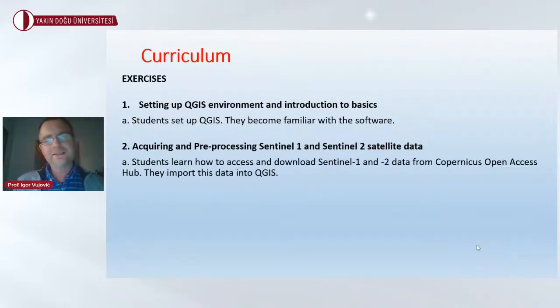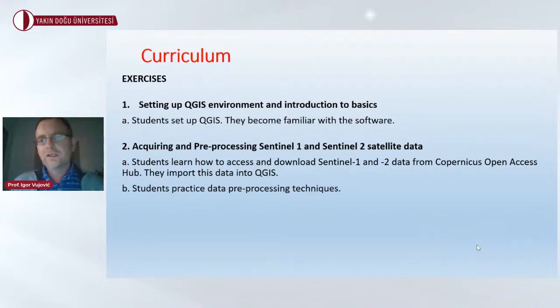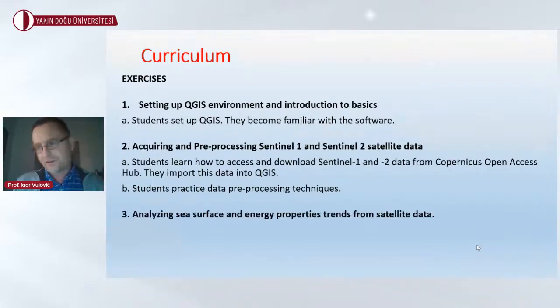Students learn how to access and download this data from the Copernicus Open Access Hub. They import this data to their software and also practice data pre-processing techniques, which is also important. We see in a case example later the importance of pre-processing to enhance images.